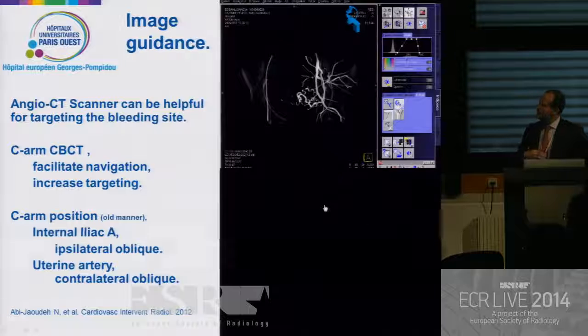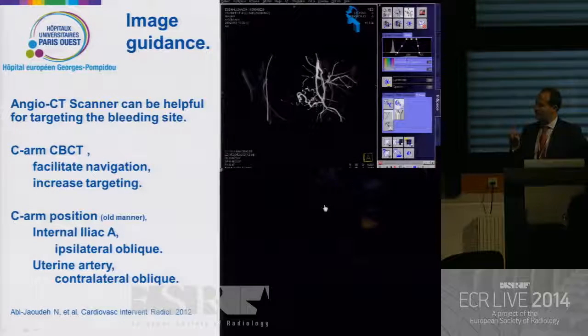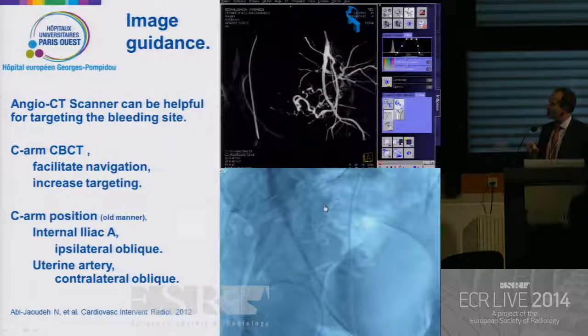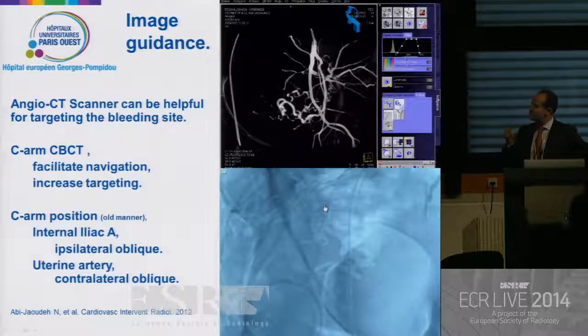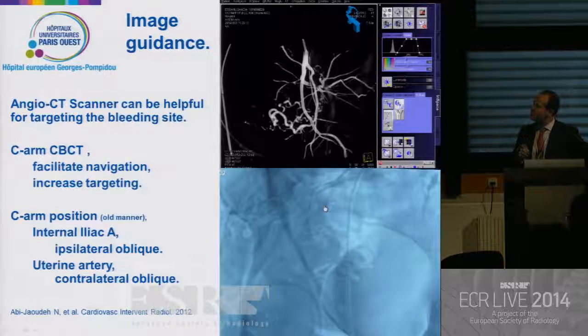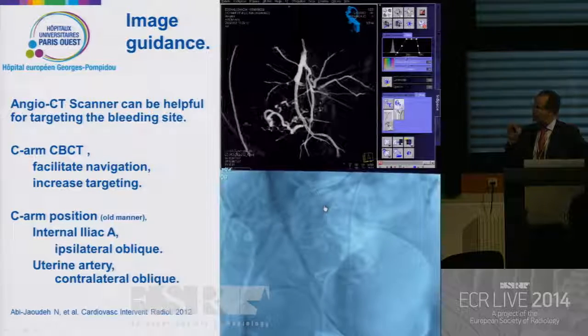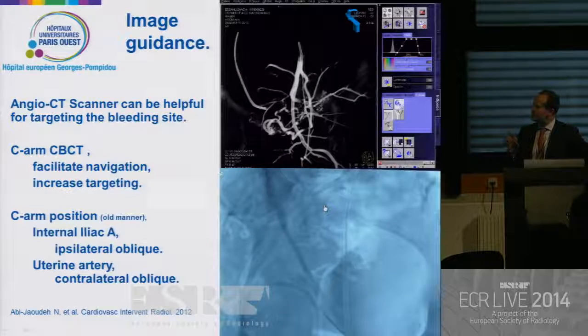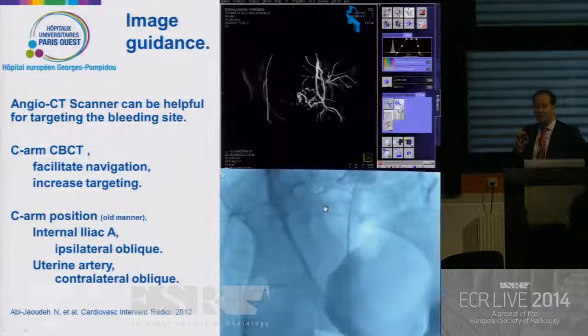The angio scanner could be helpful to target the artery, but in that condition, it could obviously be reasonable not to use the CT scanner. The CBCT, the C-arm combined CT, could be helpful to target the bleeding site, and especially for tricky navigation, it could facilitate the navigation and increase the targeting.